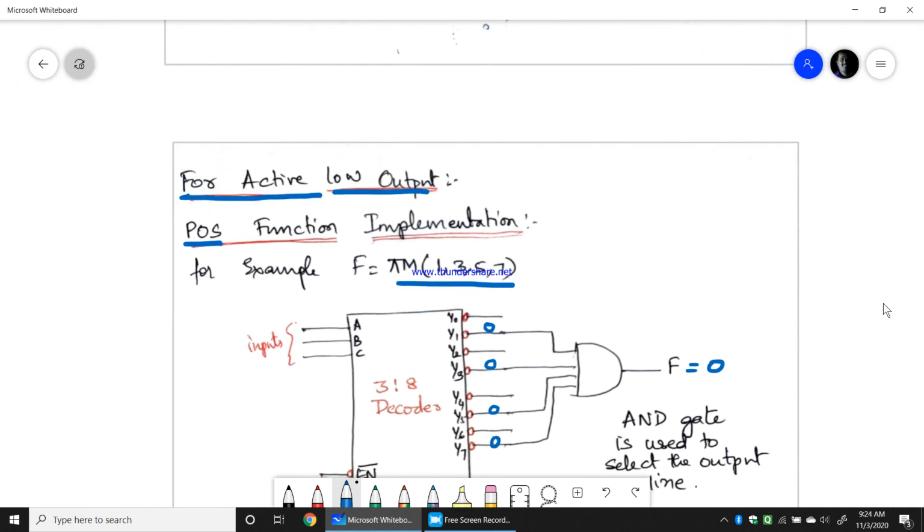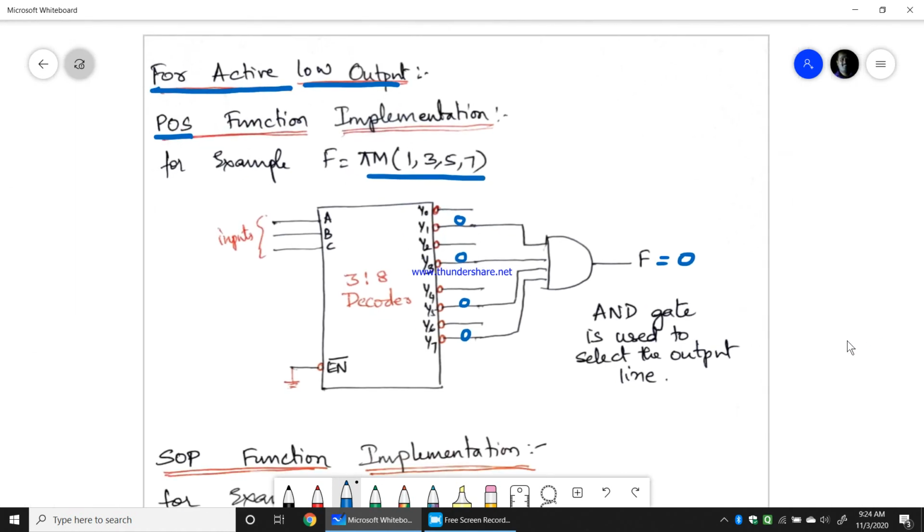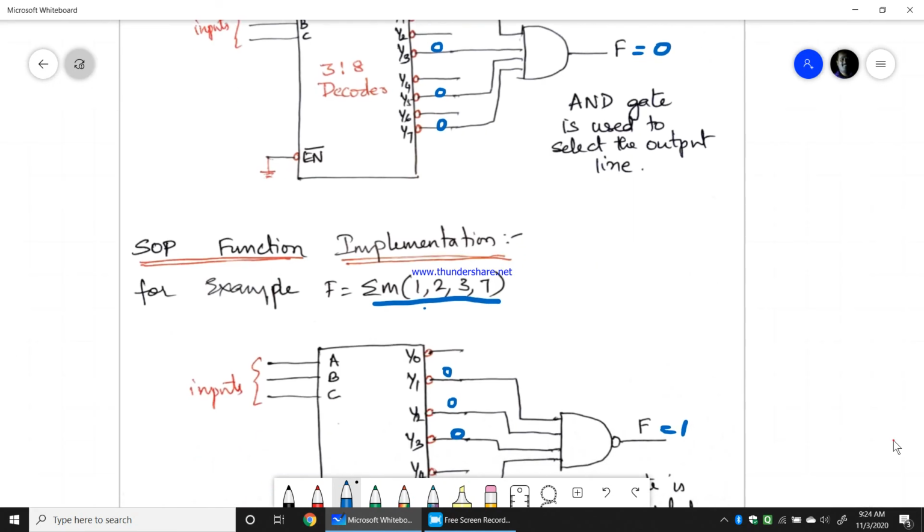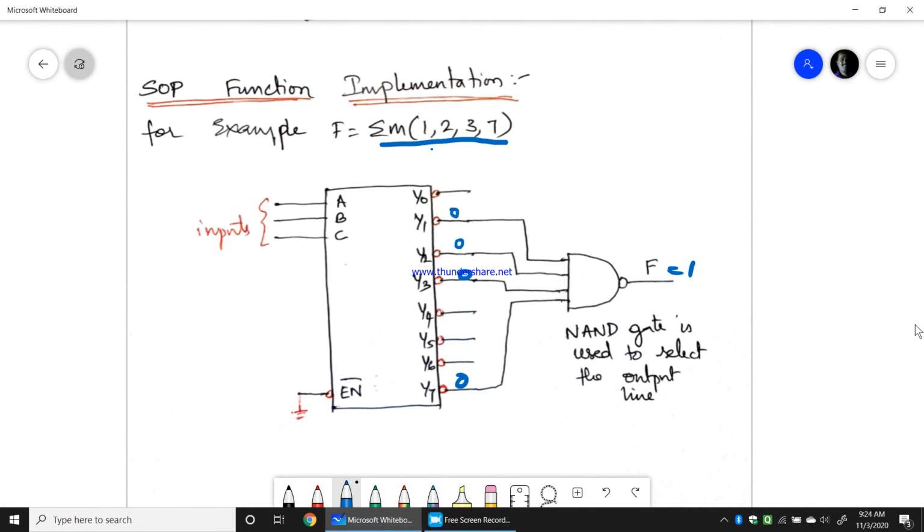Similarly, for active low output lines, for POS function implementation I will use an AND gate as an extension gate, and for SOP function implementation I will use a NAND gate as an extension gate. So this is the basic knowledge on decoders that we need to solve some good problems using decoders.